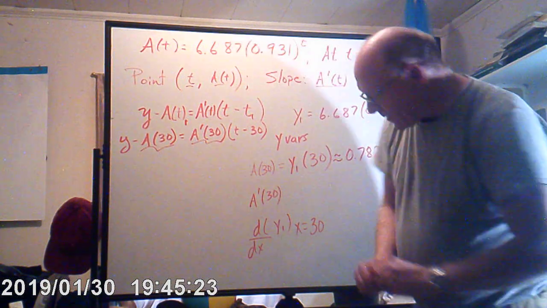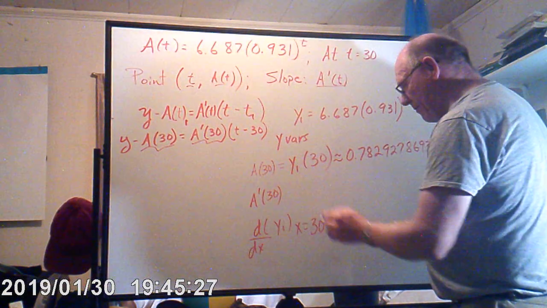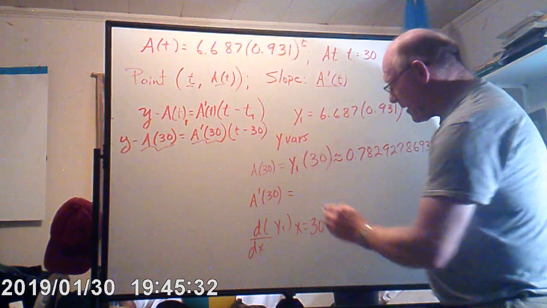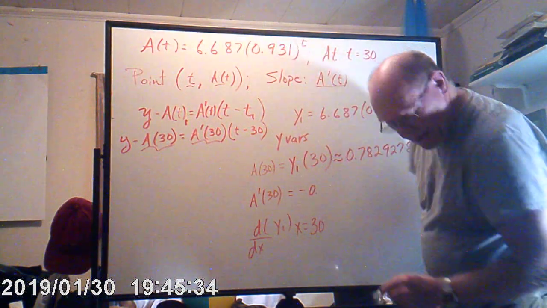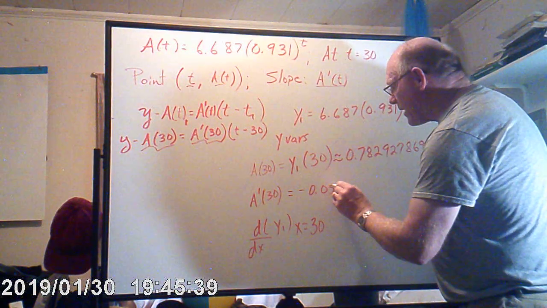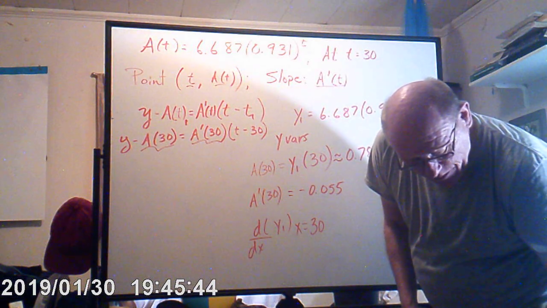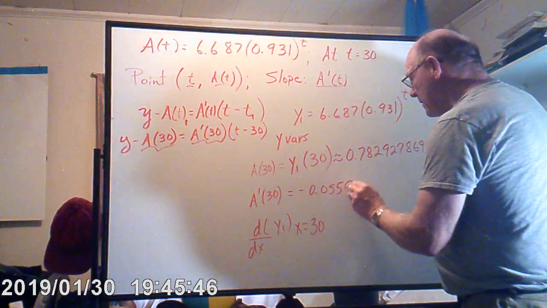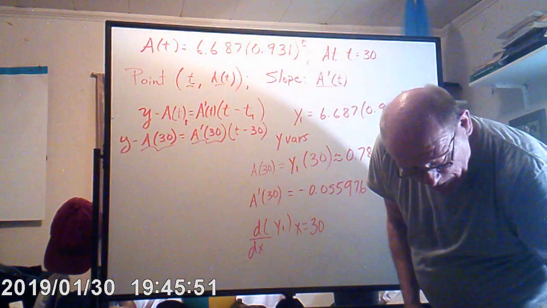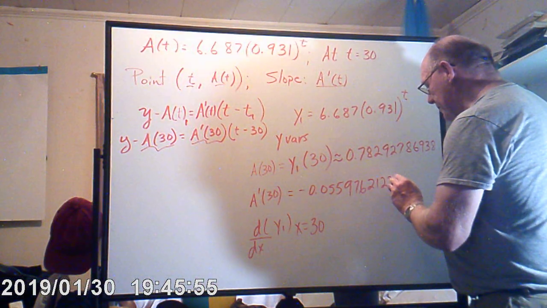So we have in this case this derivative here, y prime at 30, is equal to a negative 0.055976 21228.